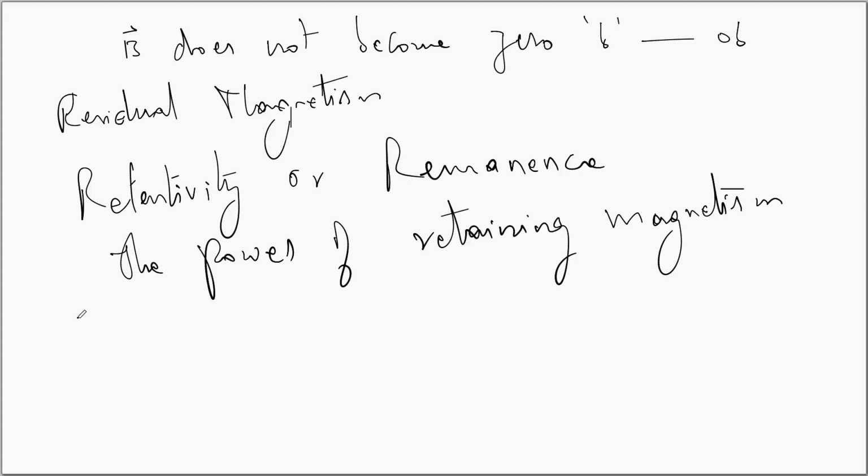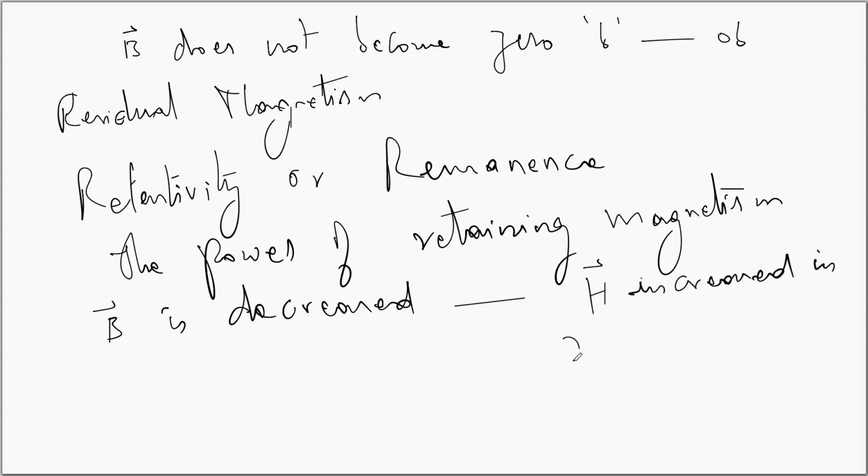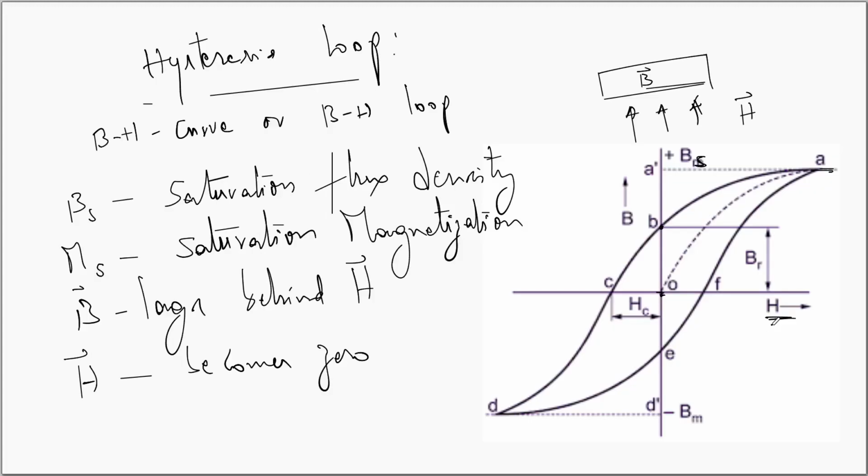Now, if the magnetic field is increased in the reverse direction, the value of B is decreased. H is increased in the reverse direction. Look at the curve here. When the magnetic field is increased in the negative direction, the B field slowly decreases. Now it is going to follow the path BC, and at C it becomes 0.